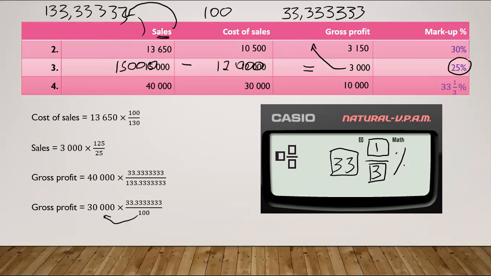That is cost of sales, that's why we're dividing by 100. That is sales, that's why we're dividing by 133. That is because sales are at 133, gross profit is at 33.33 and cost of sales is at 100. Hope you got that. Or the easier way, you could have just taken your sales minus cost of sales to get your gross profit.